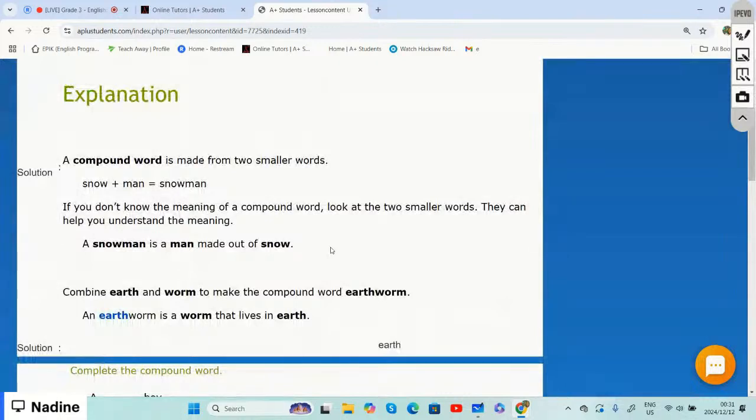And if you don't know the meaning of a compound word, then we need to look at the two smaller words. They will then be able to help you understand the meaning of the new word, which is the compound word that is being created.